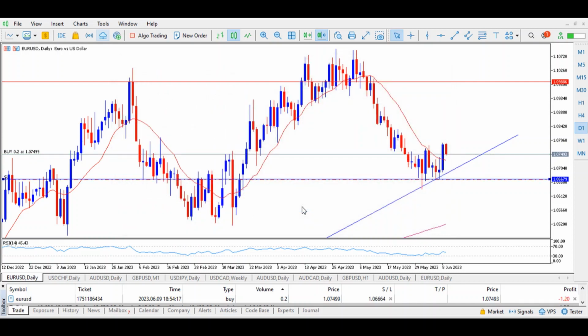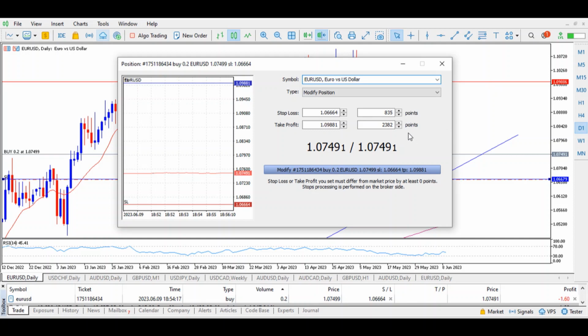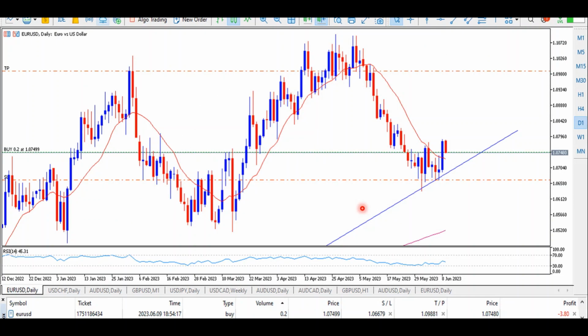Now you see that my stop loss is already placed. In the same method, I will drag the order line toward my take profit. After it reaches the take profit level, this modify box will open. Now both stop loss and take profit are placed. Click modify. So in this trade my take profit is also placed.